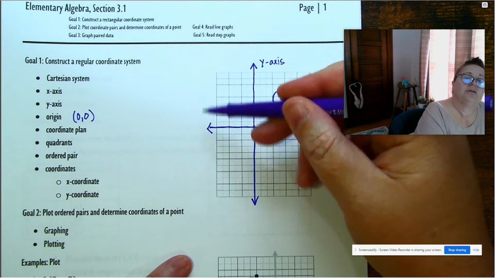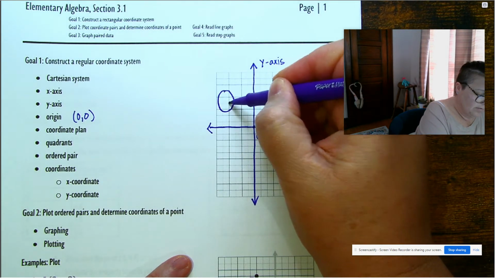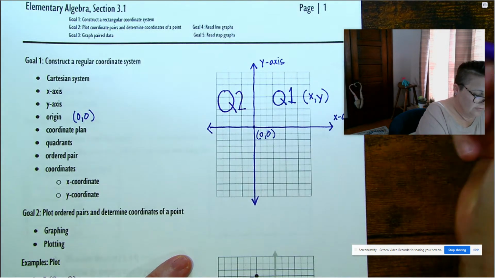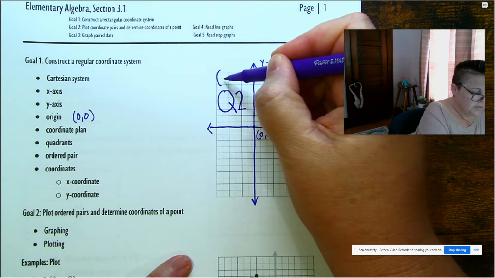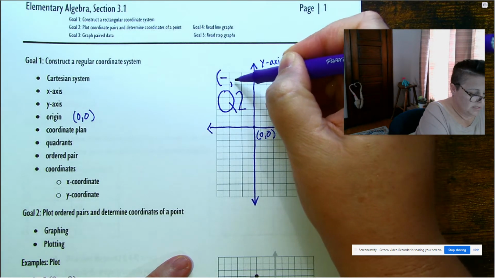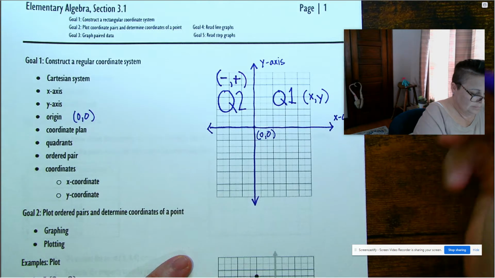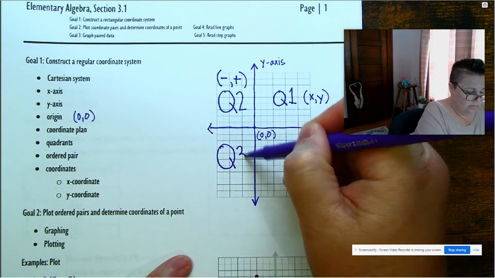Working counterclockwise, quadrant 2 is above and this time to the left. In this case, the first coordinate would be negative and the second coordinate would be positive. Quadrant 3 is below.